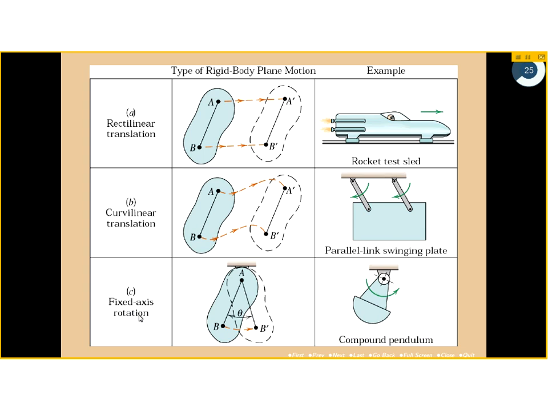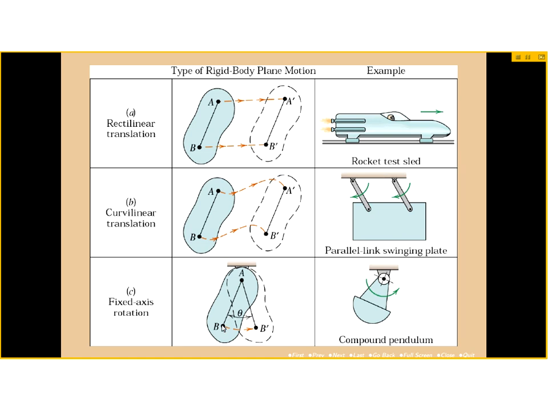The third category is that of fixed axis rotation. Let's say I've got the same body with points A and B, but in the second configuration, when the body occupies the space with the dashed lines, we see that point B is moved from B to B accent, but point A has not moved.